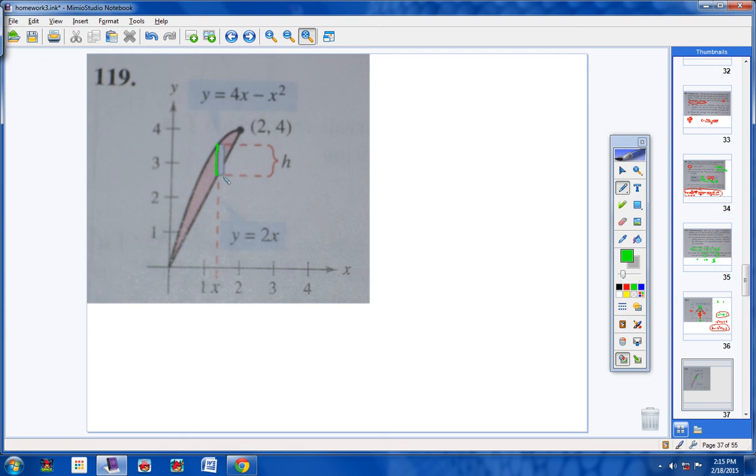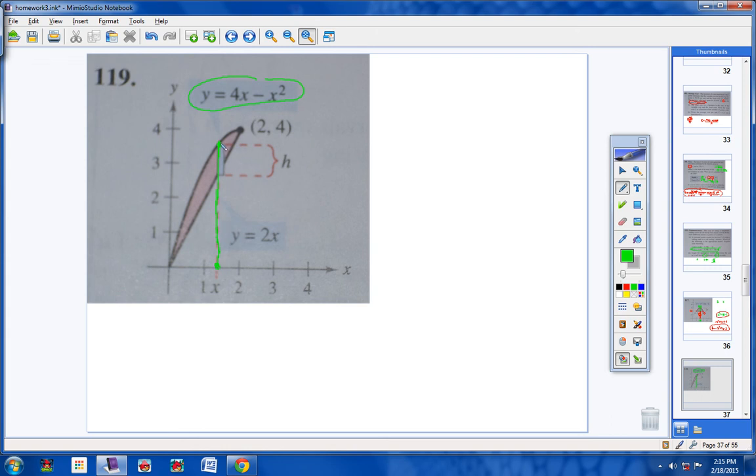I can very easily find the height from here all the way up to this here. It's very easy. You should know how to do that. If I put a value into this function here, if I'm over so far, and I put that value in for x, it will tell me how high I am.